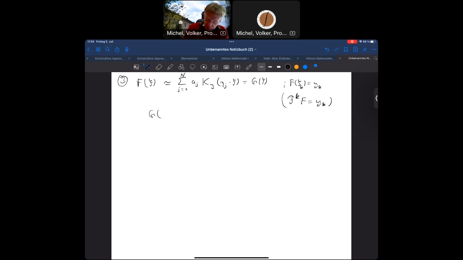So I will evaluate that now at new data points, different data points. Doesn't have to be the e to j for calculating my spherical radial basis functions. And I look at the difference to the data that I measured. So this is what my approximation would yield at the data, and this is what I measured.